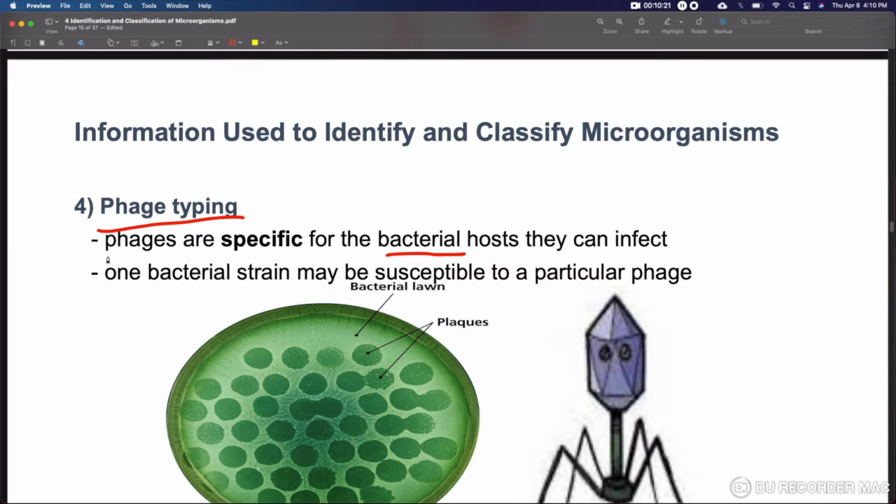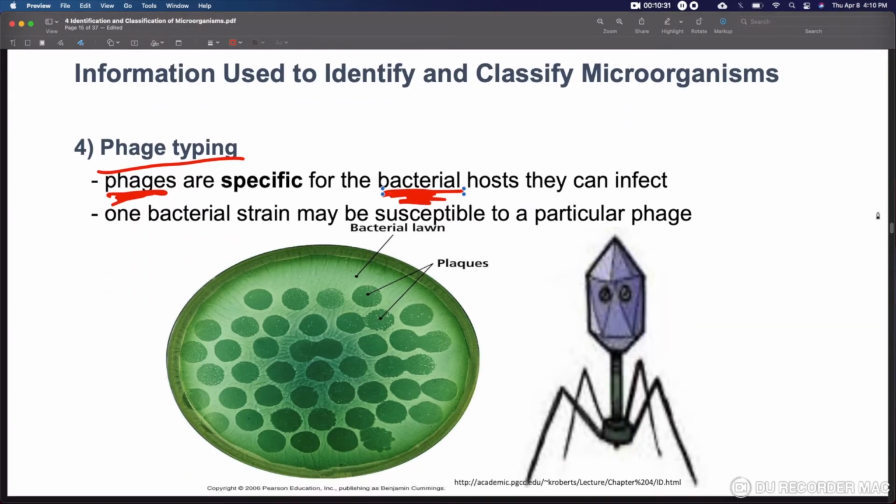These phages are species specific. So we can use them to characterize the host, the strain, the isolates that we're using. So what we're going to do here is look at the phage reaction, the reaction of this phage to the bacteria.